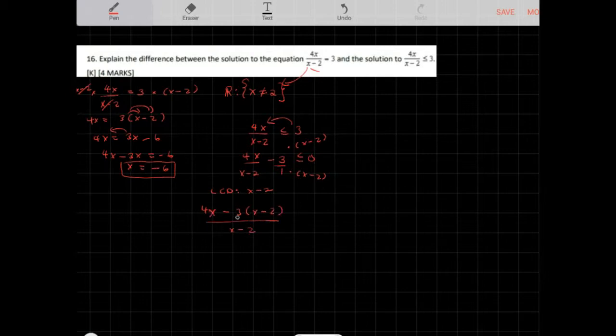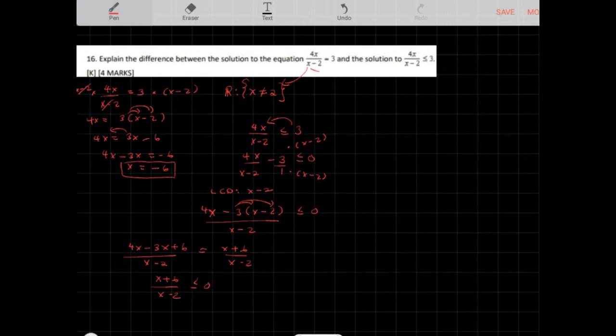It looks really familiar to the previous question, but you can see that the procedure is a little different. So you get 4x minus 3x plus 6 over x minus 2. If I simplify this, I get x plus 6 over x minus 2, and this should be less than or equal to 0.